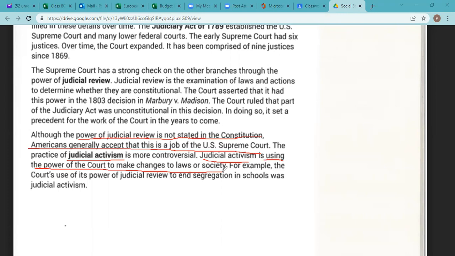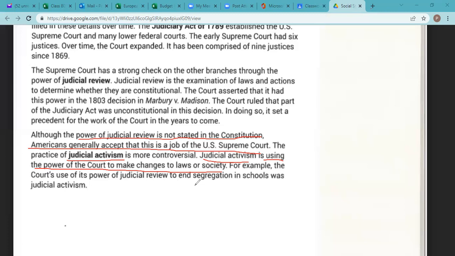So that's why this is completely different, because typically the U.S. Supreme Court, the judicial branch, does not typically do that. So, for example, the court's use of its power of judicial review to end segregation in schools was made by judicial activism. So this is something, of course, that went up higher and higher and higher. And so segregation went all the way up to the Supreme Court justices, and they made the final decision.